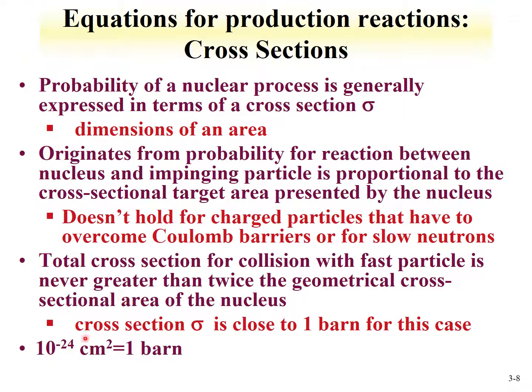As neutrons go faster or particles go faster, we see that cross-sections tend to get towards one barn, and then if we have complicated reactions, they'll be well under a barn in some cases. So it's important to remember that one barn is 10 to the minus 24 centimeters squared, and we can use that value for performing calculations on rate of formation of radionuclides in nuclear reactions.